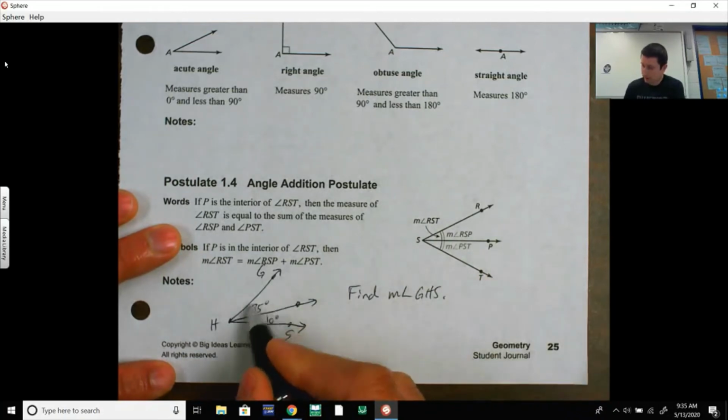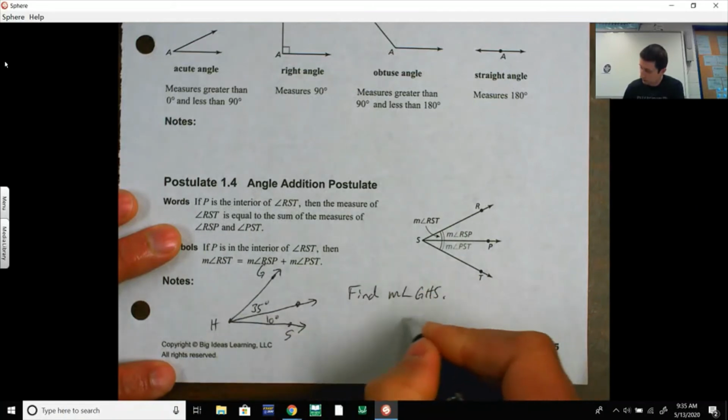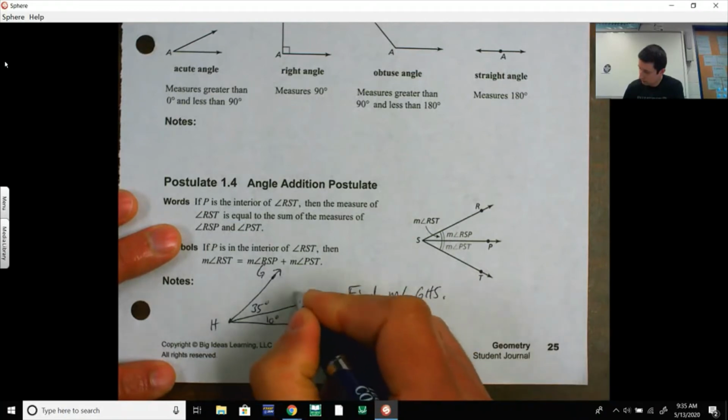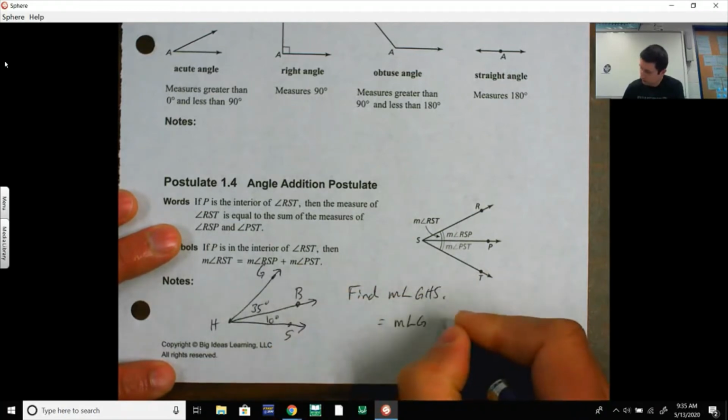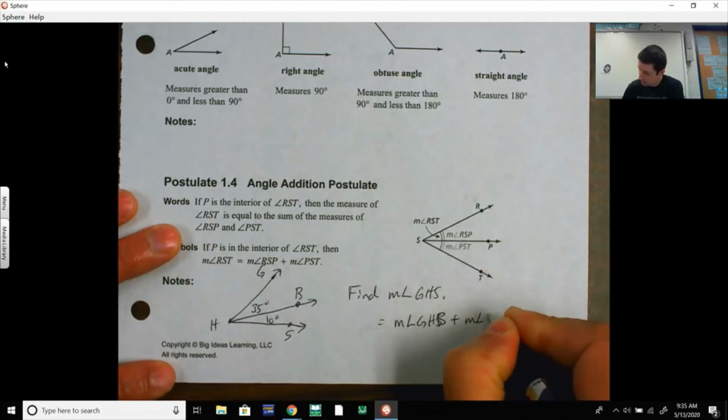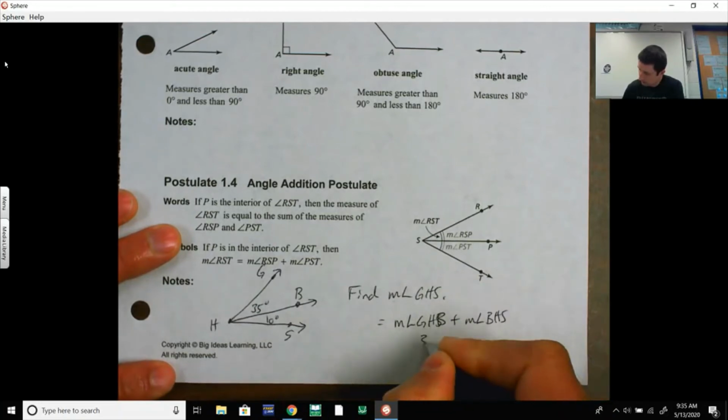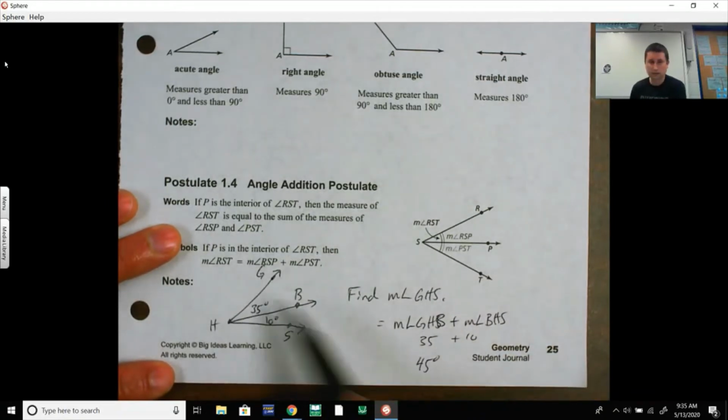Well, GHS is the bigger one, so you just have to say, okay, this is going to equal the measure of angle GHB, let's put a B there for bluebirds, plus the measure of angle BHS, so that is 35 plus 10, which is 45 degrees. Don't overthink it, just add those two together. Or if you know the total and you're looking for one of the smaller ones, you will have to subtract.